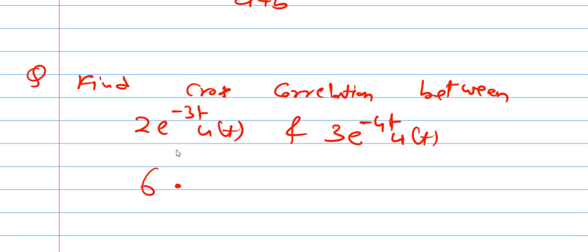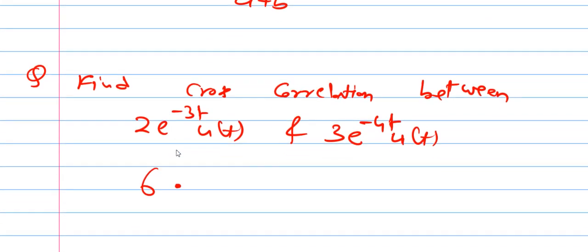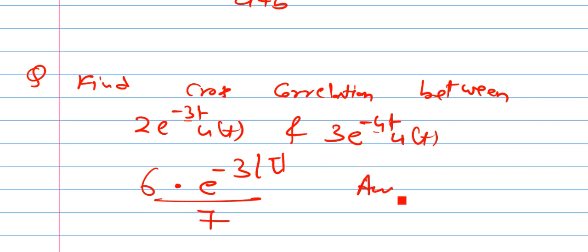Now use the above formula, e raised to power minus a tau, so e raised to power minus 3 magnitude tau divided by a plus b. A is 3, b is 4, so 3 plus 4, 7. So this is the answer for this question.